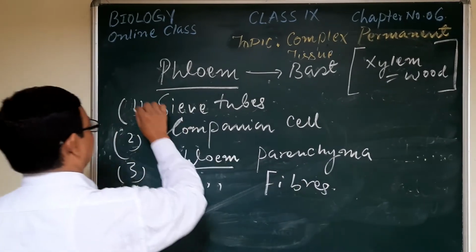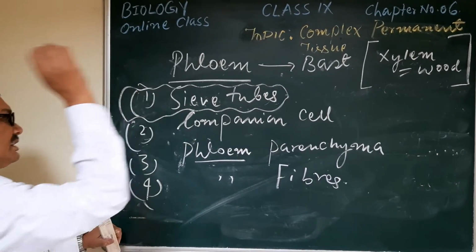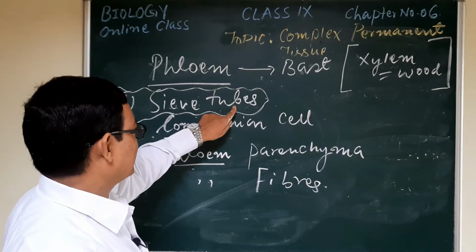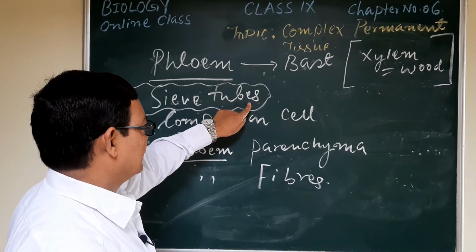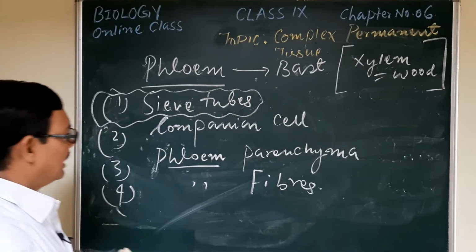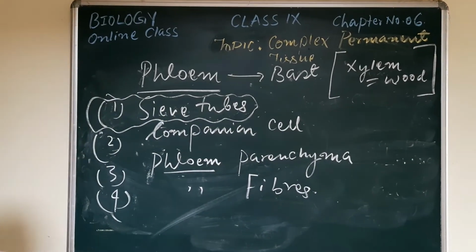Here the main elements that will transport the food materials into the different parts of the body are the sieve tubes, and all these are associated with that function.